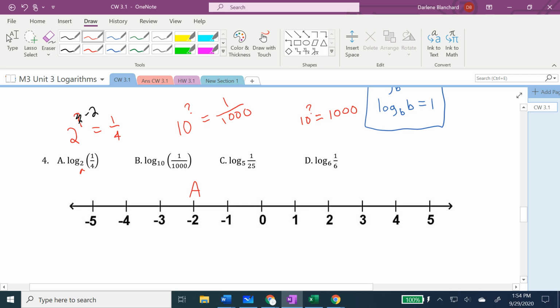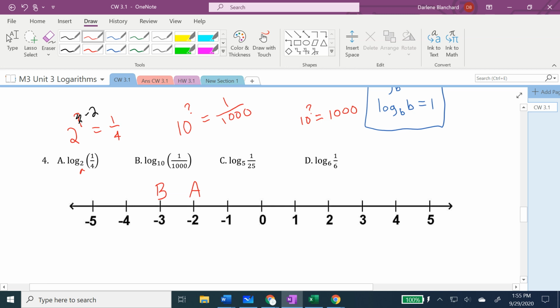And that would be 3. If that 1000 is in the denominator, that means -3 because the number's on the wrong side of the fraction. A logarithm becomes negative when it has a number on the wrong side of the fraction, so to speak. So that one is -3 for B.